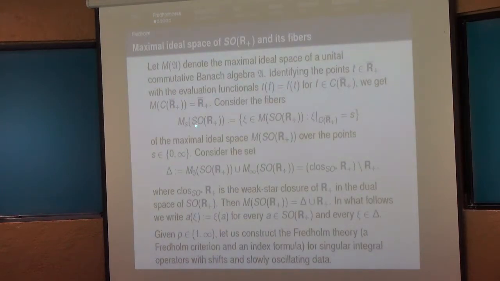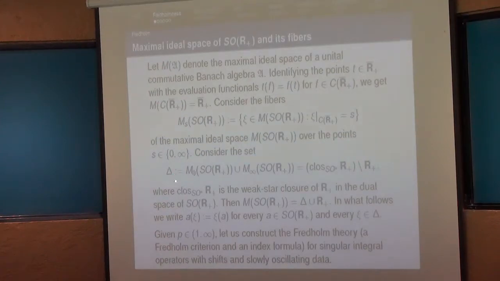Consider the fibers of the maximal ideal space over the endpoints 0 and infinity. These fibers are given by the following formula, where we consider the restriction of xi of that set to the smaller algebra, as this gives an evaluation functional over point s.